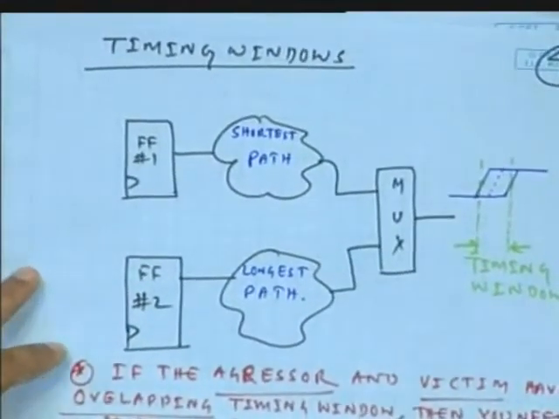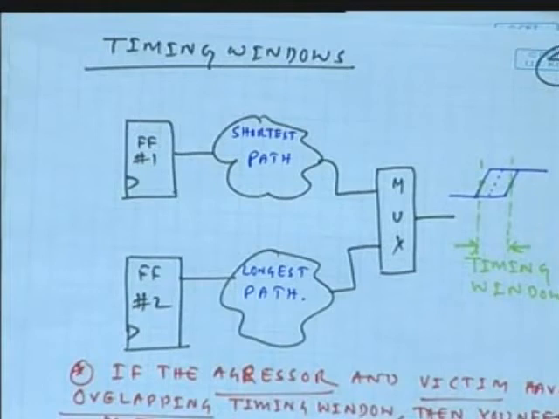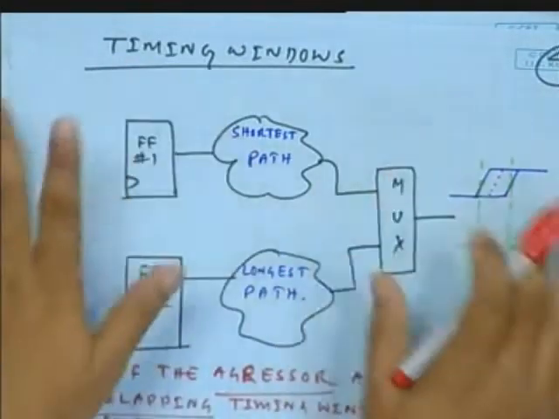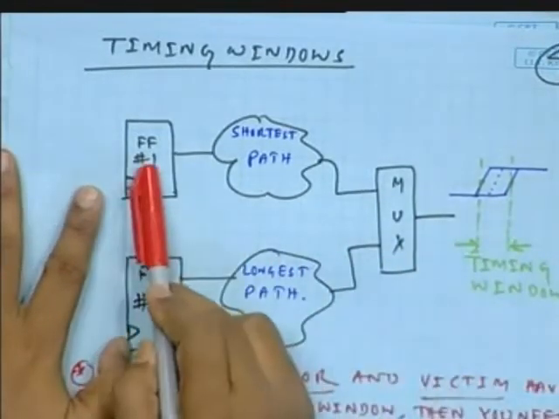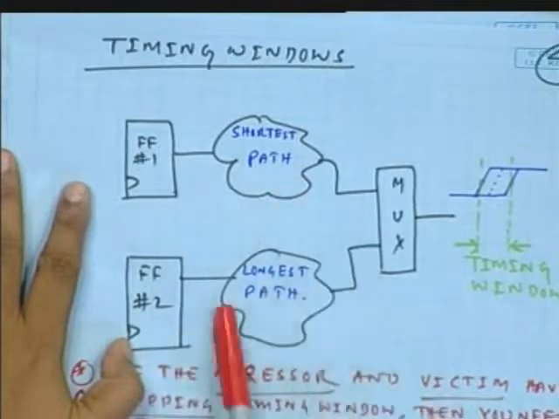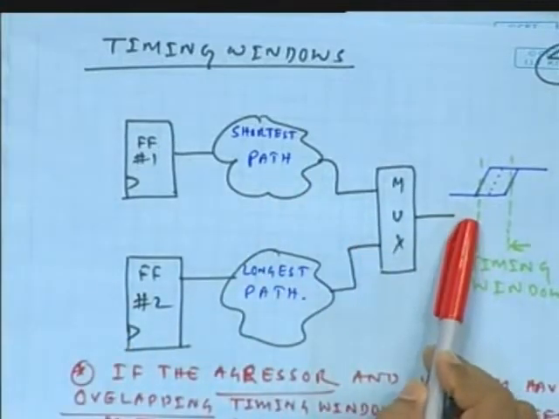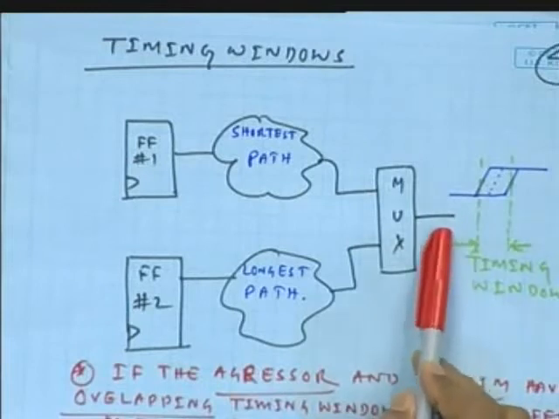Now come back to our crosstalk stuff. The timing windows, okay, I just talked about. Always, the interaction between the nets will be there. Now the problem is whether that interaction will make any difference or not, that we have to understand. Say this is synchronous design, there is another flop maybe somewhere here, right side, and these flip flops are driving through a mux, okay, and interaction happens inside a net, right?